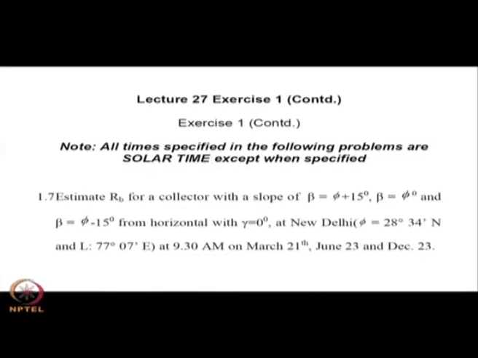The first one is the equinoctial day, declination is 0, and June has the maximum positive declination and December has the maximum magnitude wise negative declination.